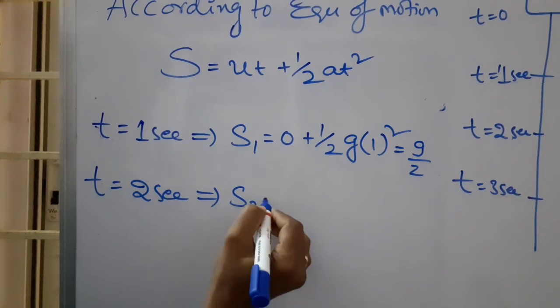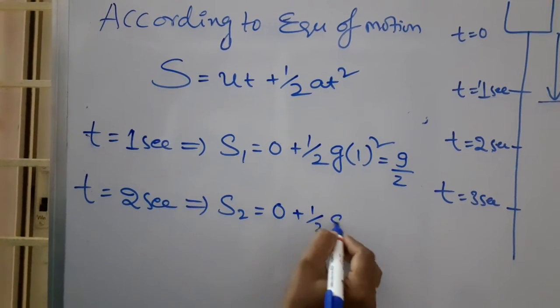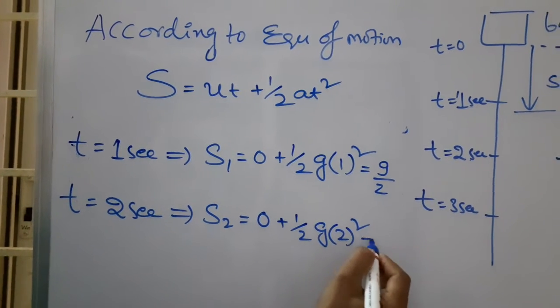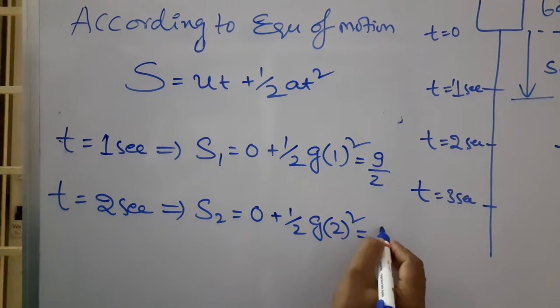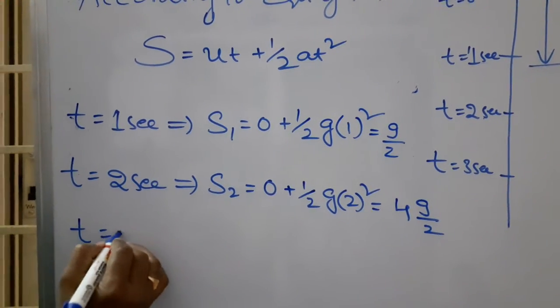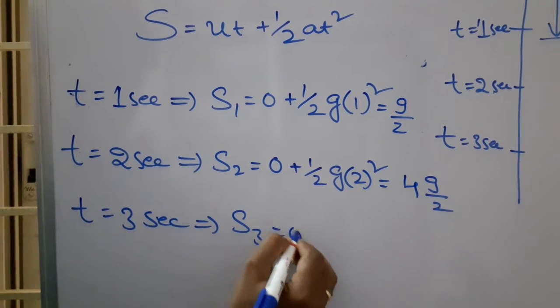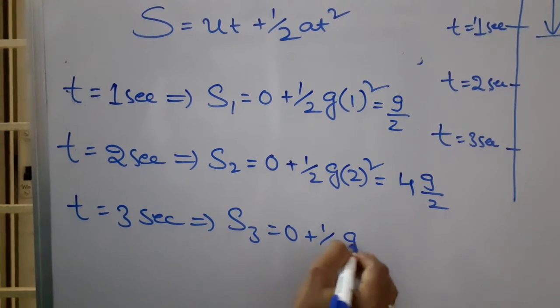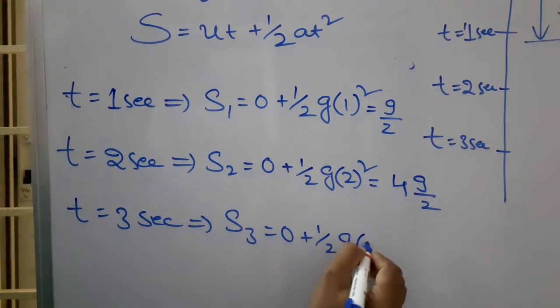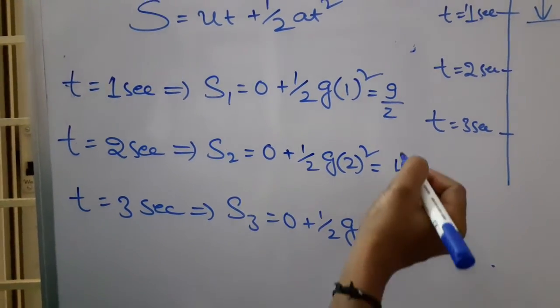Then up to 2 seconds, distance covered is 0 plus 1 by 2 into g into 2 square, therefore 4 into g by 2. Next, t is equal to 3 seconds, you can substitute. S3 is equal to 0 plus 1 by 2 g into 3 square, 9 into g by 2.